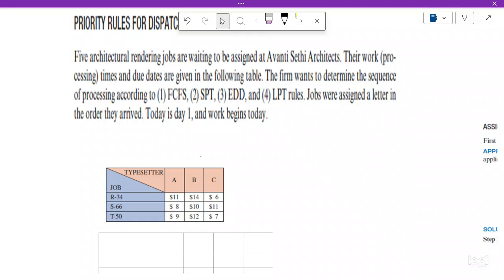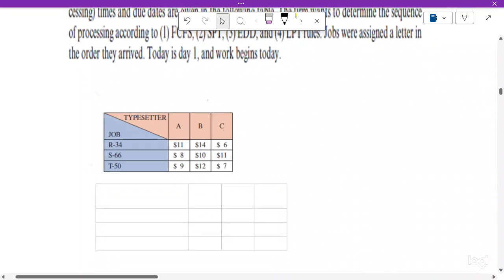The firm wants to determine the sequence of processing according to FCFS, which stands for first come, first served, SPT, short processing time, EDD, earliest due date, and LPT, longest processing time rules. Jobs were assigned later in the order they arrived. Today is day 1 and work begins today. We have this one.